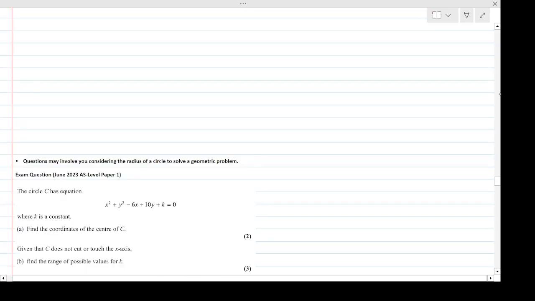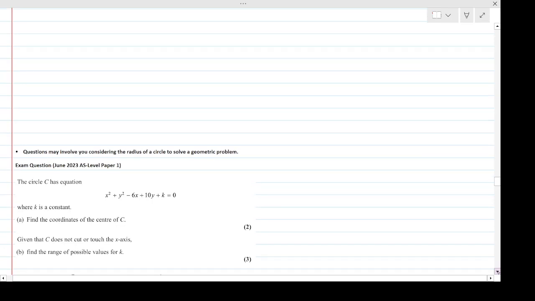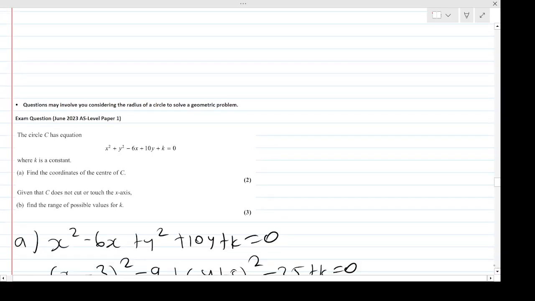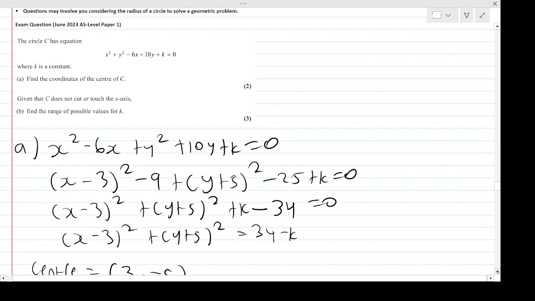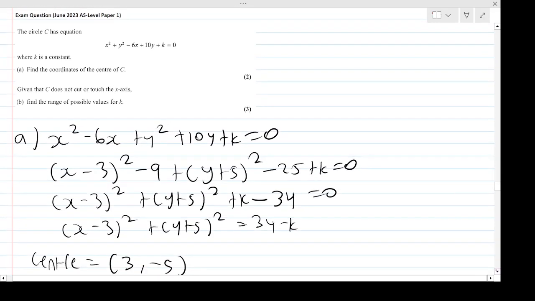Part B then. Given that the circle C does not cut or touch the x-axis, find the range of possible values of k. This is the sort of geometric question where it really is a good idea to sketch the circle.